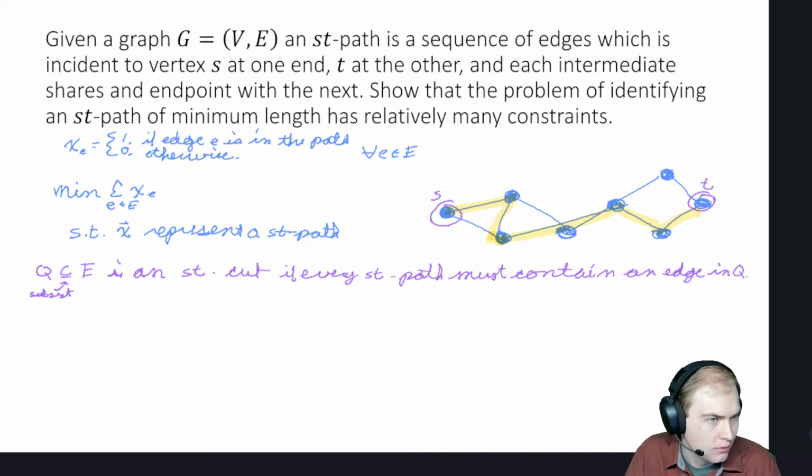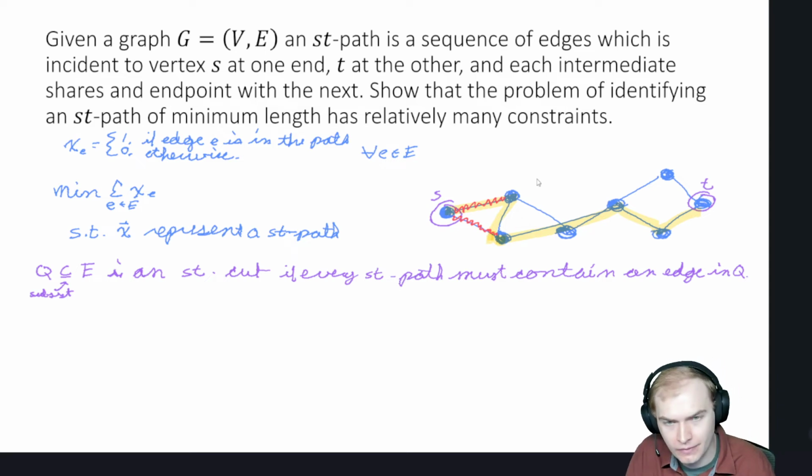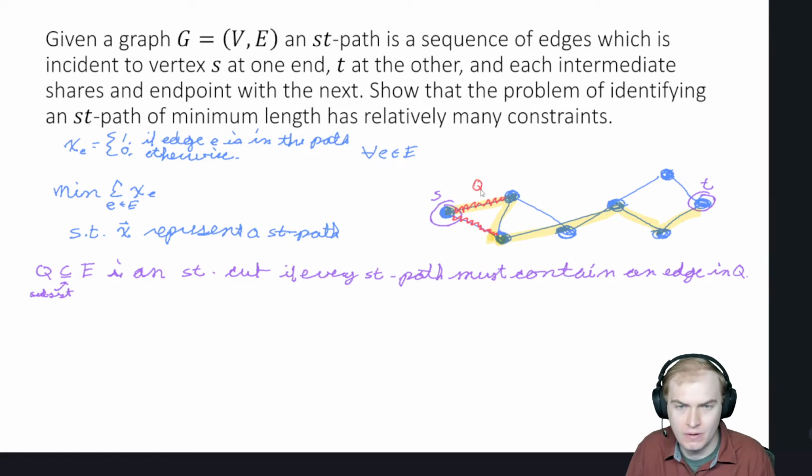So I'm going to throw up a few examples of ST cuts on this graph. Obviously, if we remove all of the edges around S, there's no more path from S to T. If S is isolated, we can't get to T. So that's an example of one.